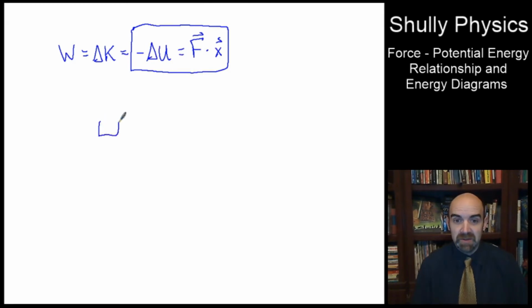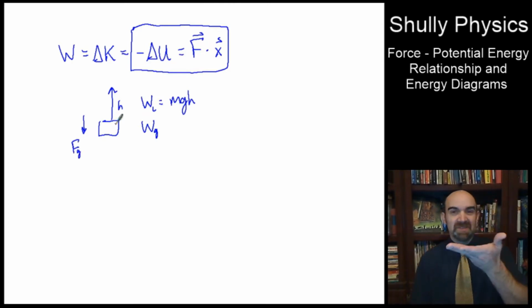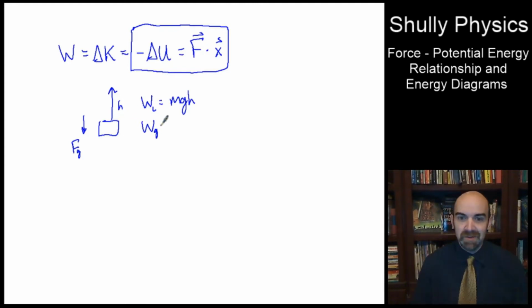You might recall in lifting an object up a certain height, the work it takes to lift that object is you're working against the weight of the object times the height. But the work done by gravity, since gravity is the force that's downward, as you lift an object up, it's not moving after you've lifted it because gravity has done the negative work in lifting it.